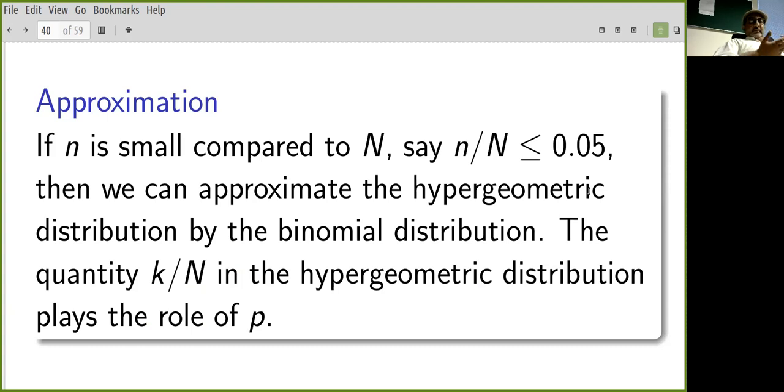So you could have a situation in which you know that you should be using the hypergeometric distribution, but your capital N is very large, and your small n is very small compared to that. And then you can get a reasonable approximation by using the binomial distribution.